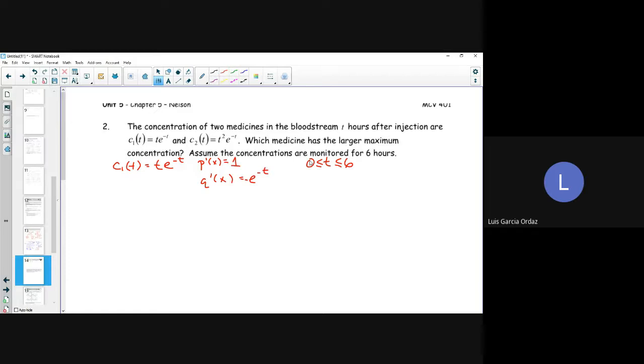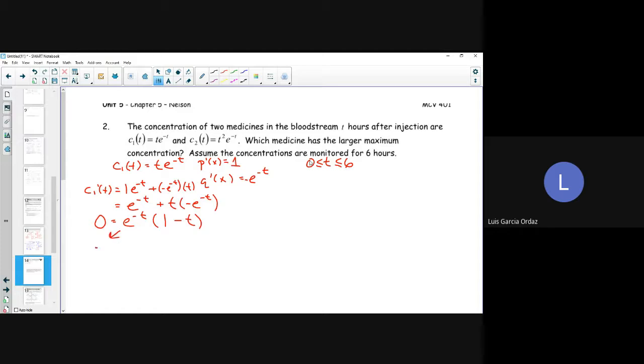Perfect. So we get the derivative of the first medicine is equal to 1 times e to the negative T plus negative e to the negative T times T. Which means that I'm left with e to the negative T plus T times negative e to the negative T. So now I can factor out an e to the negative T. So 0 is equal to e to the negative T times 1 minus T. So I have two roots.